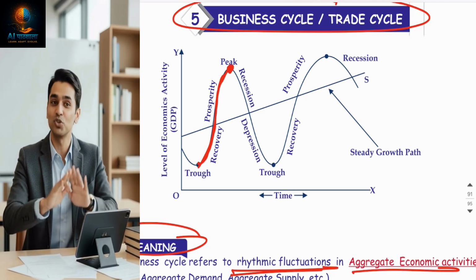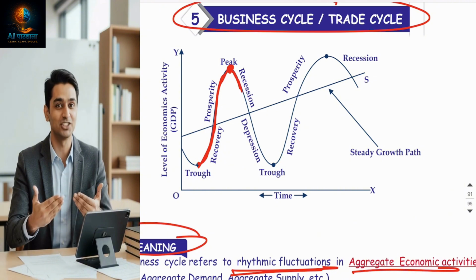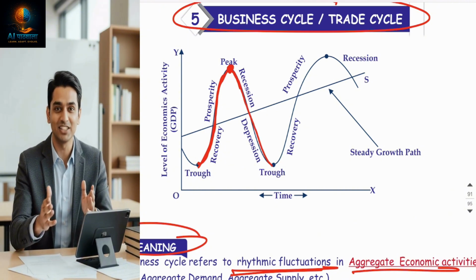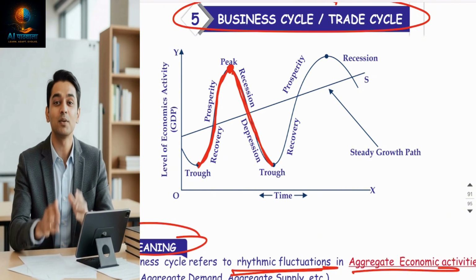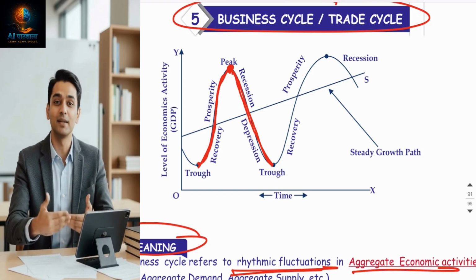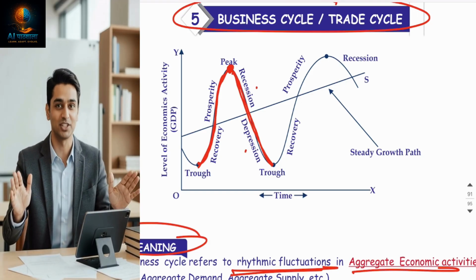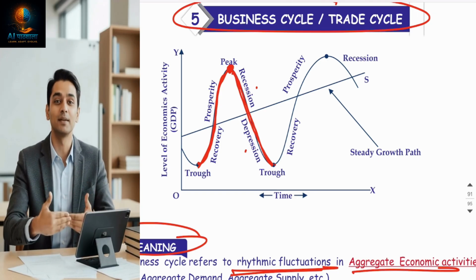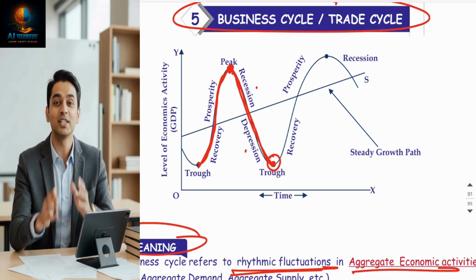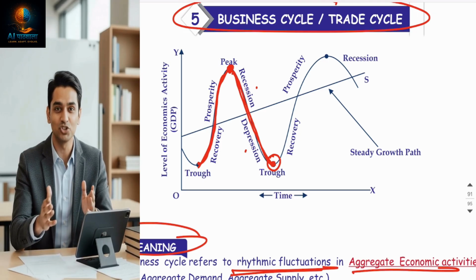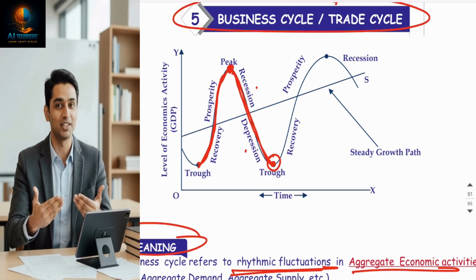After that, again, the slowdown comes and then economic growth goes down. This downward trend indicates contraction. Contraction is divided into two parts, recession and depression. And then we get a trough point. Trough point means it is the worst point, it is the bottom point, it is the end of the contraction.